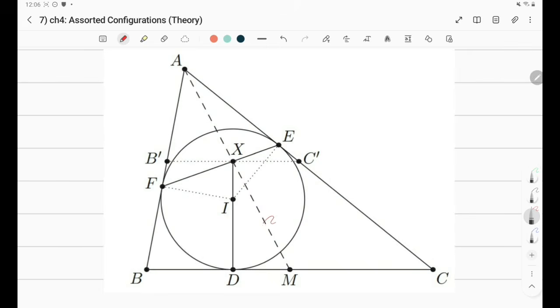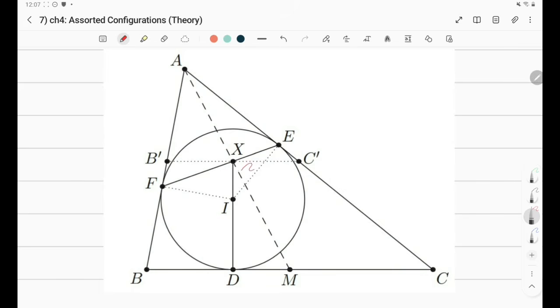Seems a bit odd. So one idea to make life easier here is, instead of dealing with this M, which is far from these guys here, to take this X here and draw a parallel to the side BC. So we have B prime, C prime. So this is parallel to BC.